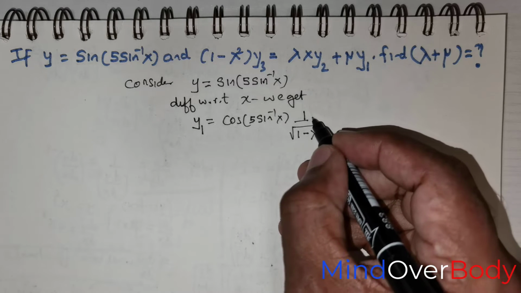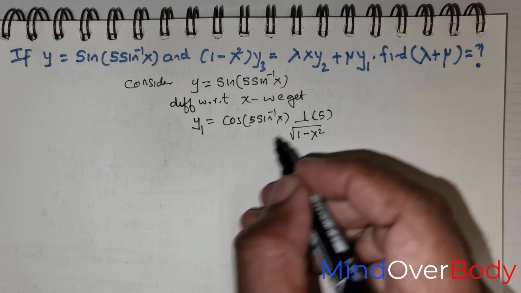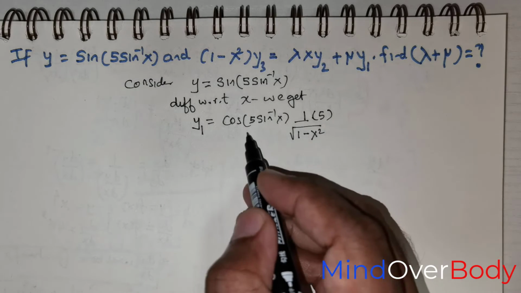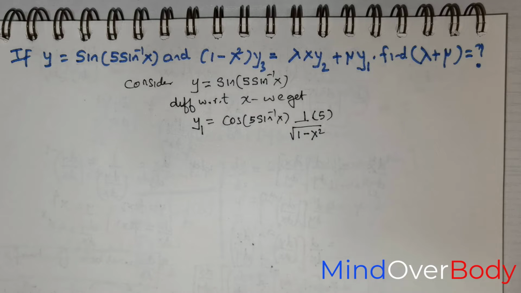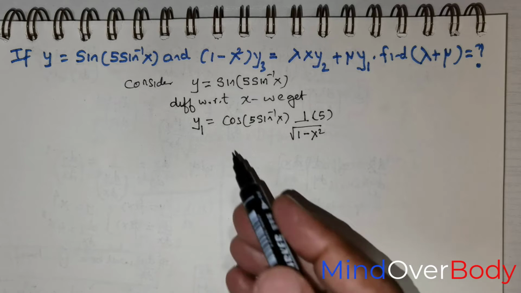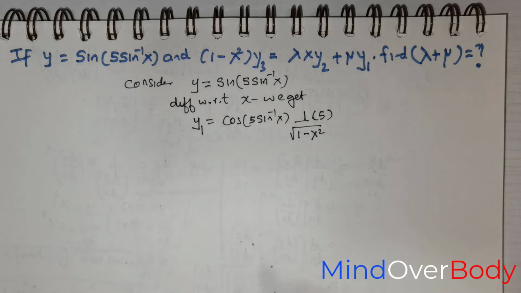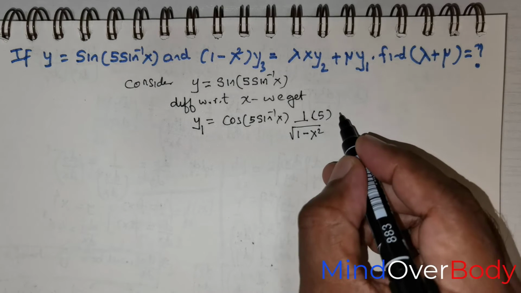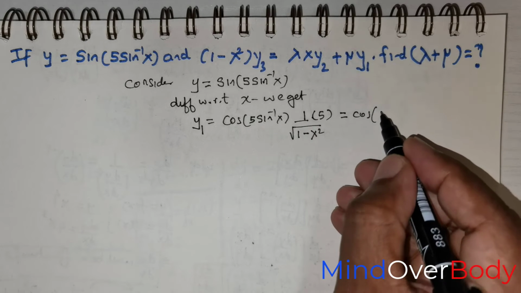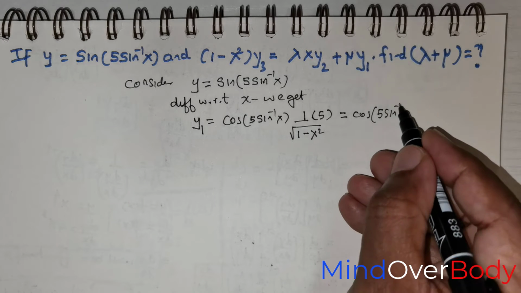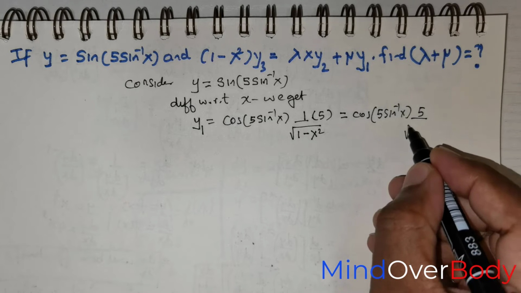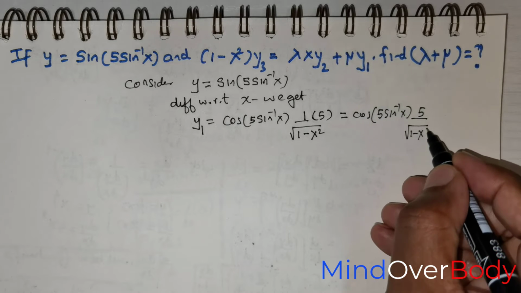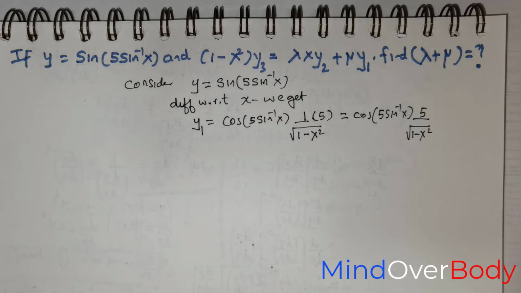So what I'm going to do is I'm just going to place 5 there, because we are differentiating the entire quantity 5 times sine inverse of x. Though we might be tempted to negate the constant or take the constant out, it is not advisable to do that. So what we have got here, this is equal to cos of 5 times sine inverse of x times 5 over square root of 1 negative x squared, and that is equal to y1.